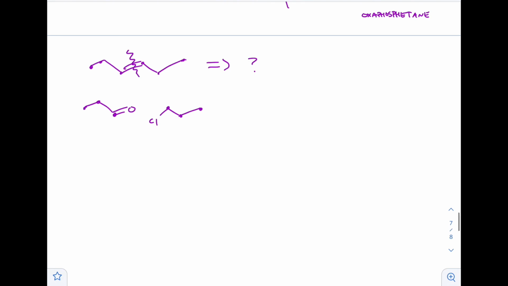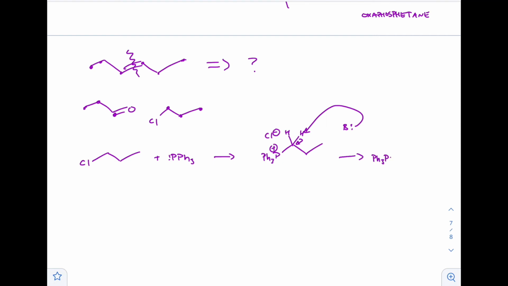So, again, what we would have is the alkyl halide combining with the triphenylphosphine, and then we get, let's draw this out, our phosphonium. You've got, there we go, the base comes along and removes that proton to give us a negative charge, getting our phosphonium ylide.